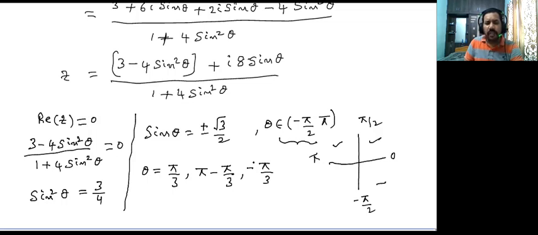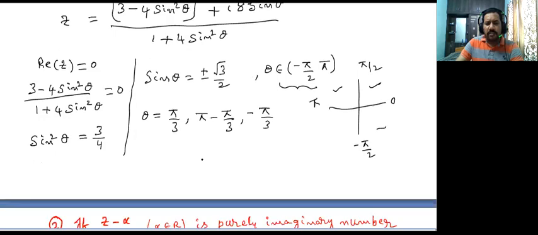Okay. Now, finally observe what are the values. So this is pi by 3, comma, 2 pi by 3, comma, minus pi by 3. These are the set of values.